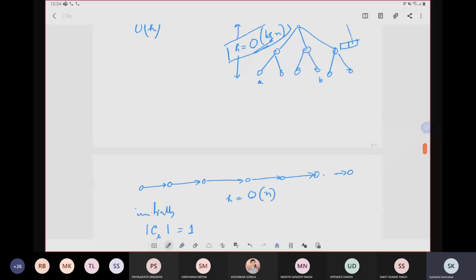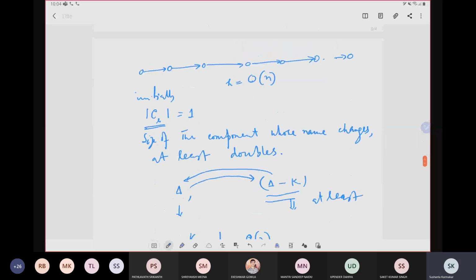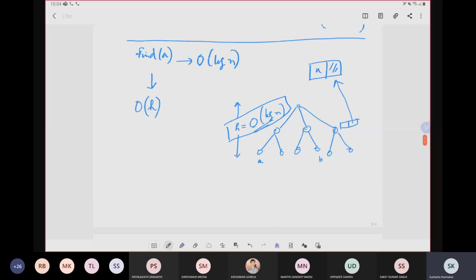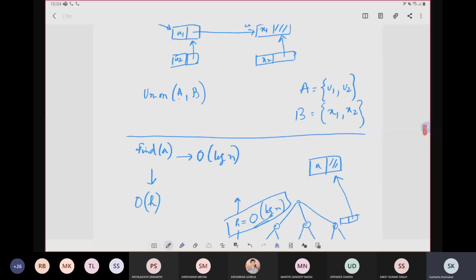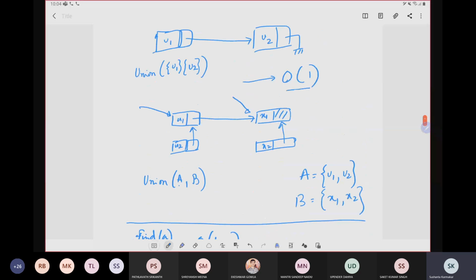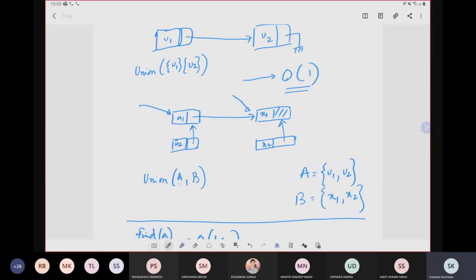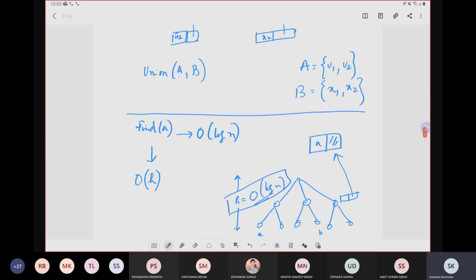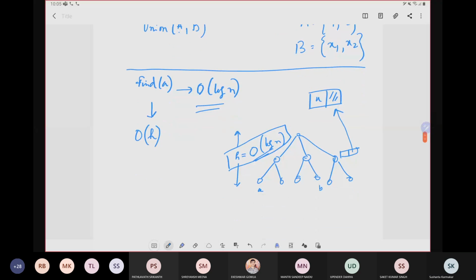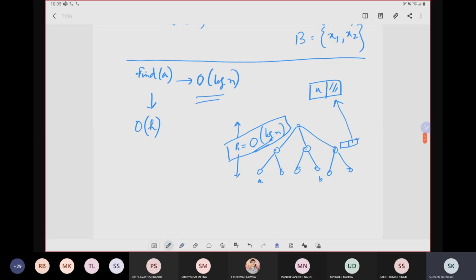In that way, we can make union a constant operation, order one, whereas find may lead to order of log n, where h is equal to log n by that special operation. So this is really nice.